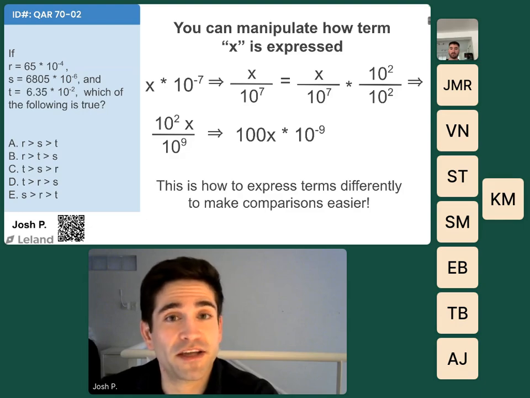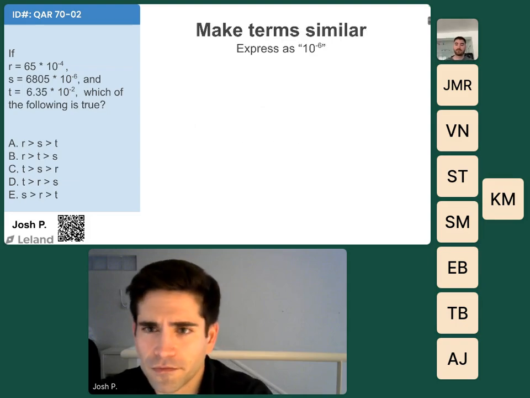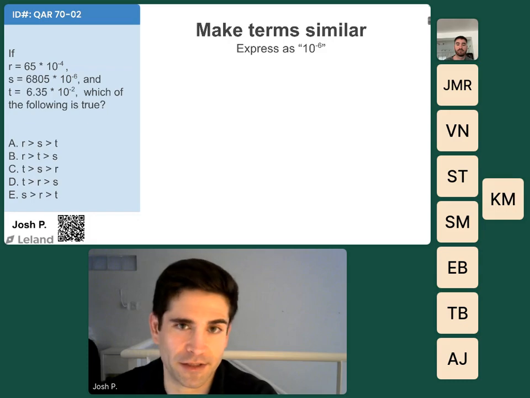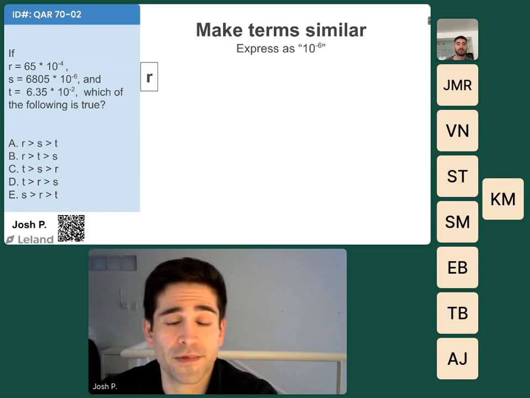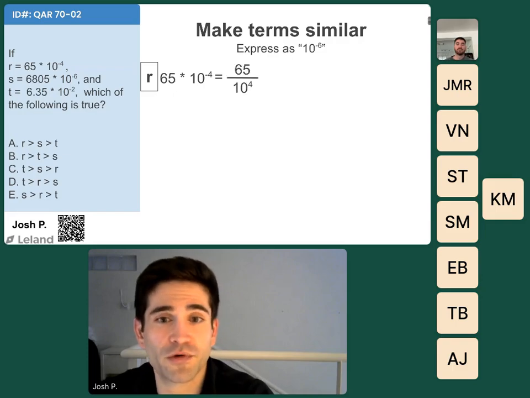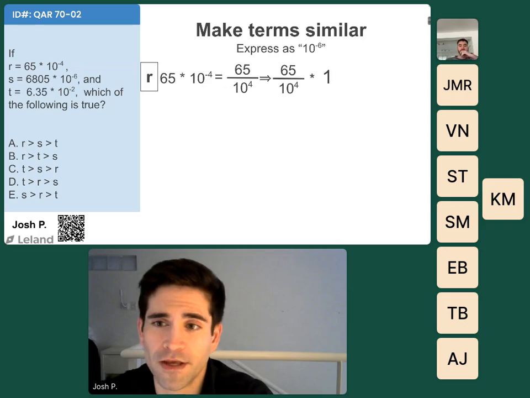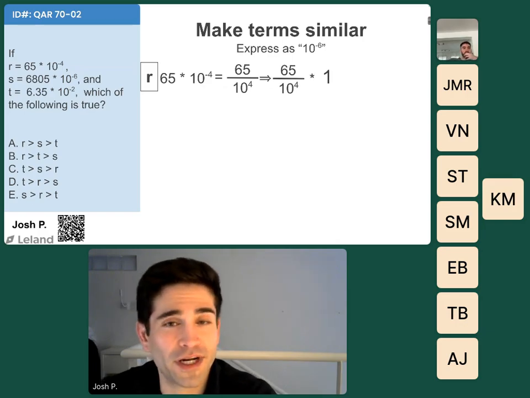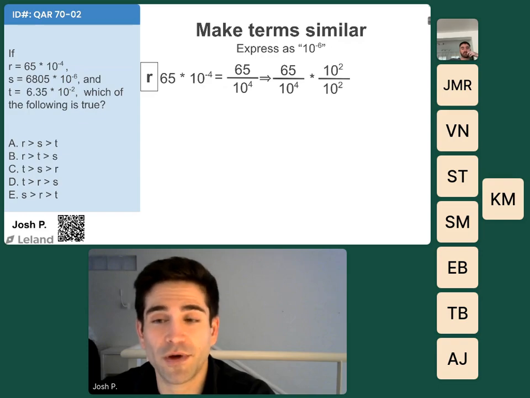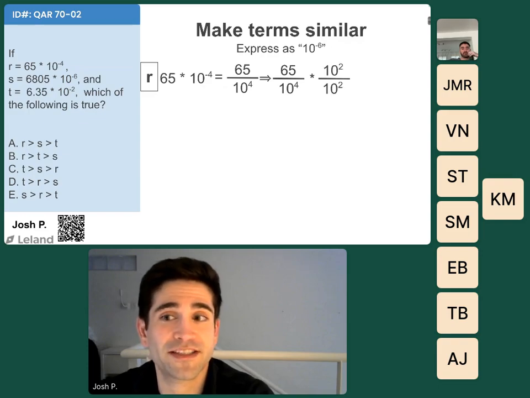All right, so let's apply this logic to the exercise at hand. Let's express R, S, and T in terms of 10 to the minus 6. R, 65 times 10 to the minus 4 is equivalent to 65 over 10 to the 4th. We multiply by 1 in a way that makes our lives easier, and we want to multiply it by 10 squared on top and bottom.